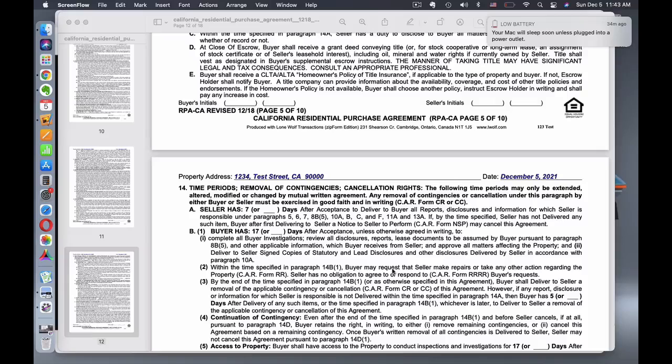Under 14, this is one of your contingency periods, so this is really important. This is under 14, this is the seller's got to get you everything they are required to in 7 days. Again, as I explained earlier, the HOA documents are really hostage to how fast the property management company gets it to us.